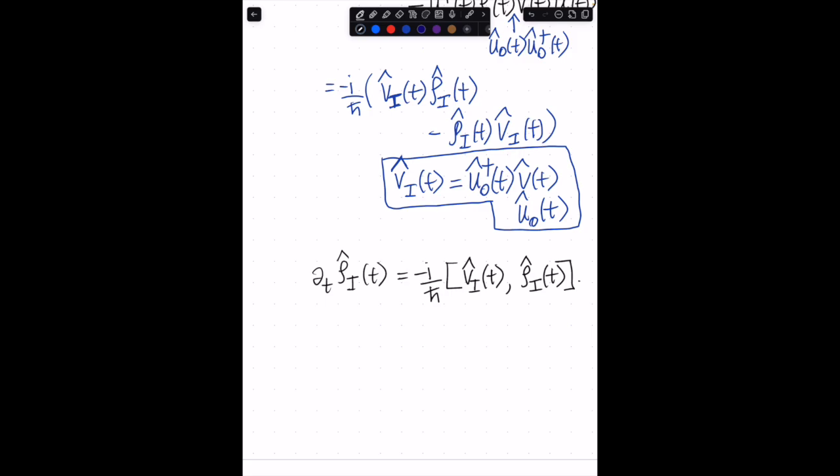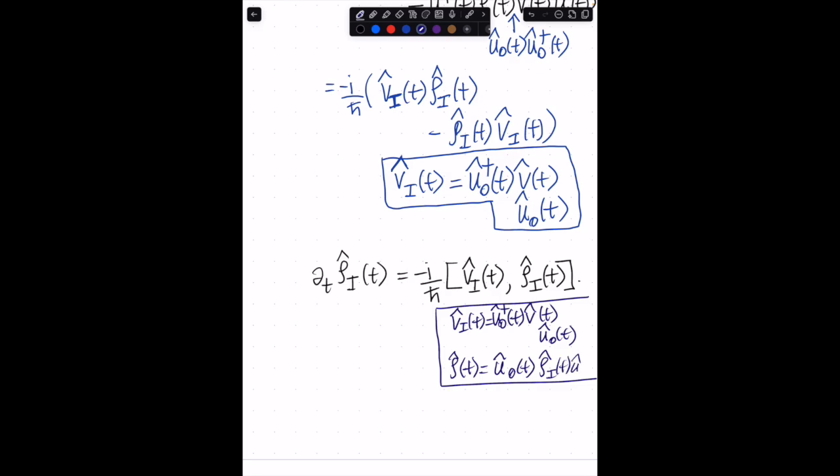So now we proceed with our discussion. And just to recall, let us list down everything which we have defined. V_I(t) from right above is U_0(t) dagger V(t) U_0(t), and then I'm going to write this in terms of rho of t. It's just U_0 dagger(t) rho(t) U_0(t).